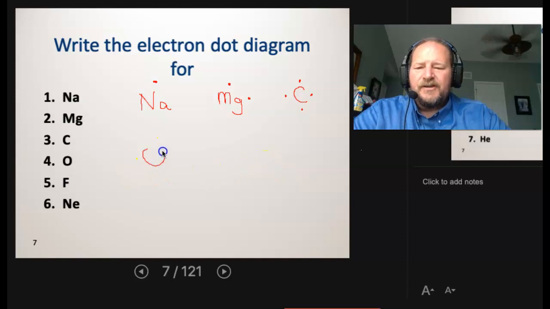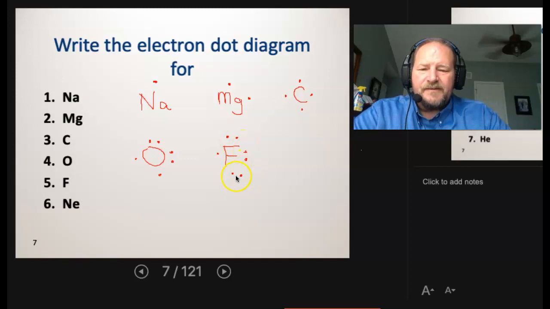Then for oxygen, we're going to have group 6A, and so this is going to be 1, 2, 3, 4, 5, 6. For fluorine, we're going to have 7A, so we have 1, 2, 3, 4, 5, 6, and 7.